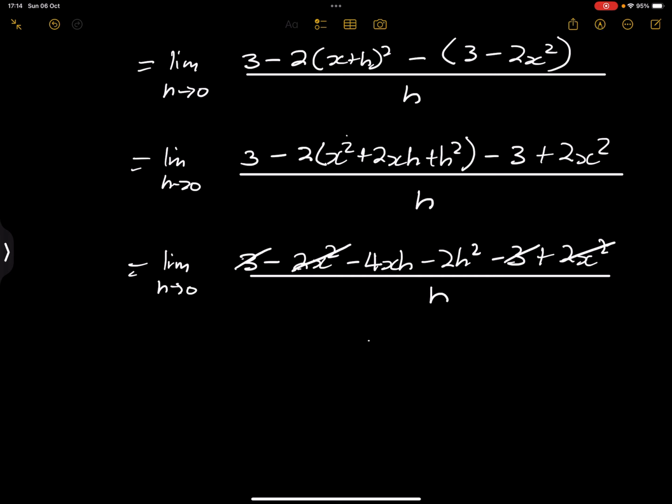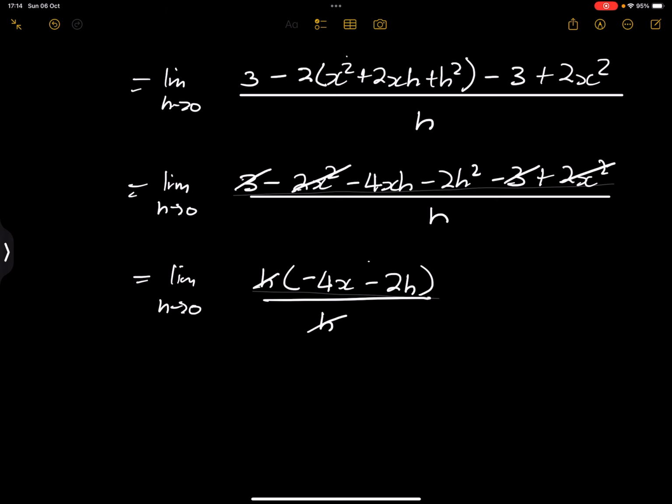And so we can now take out h as a common factor. So this is the limit as h tends to 0. Right, so if we take out h, that's going to be minus 4x, that's minus 2h, and that's divided by h. Right, we can cancel that out.